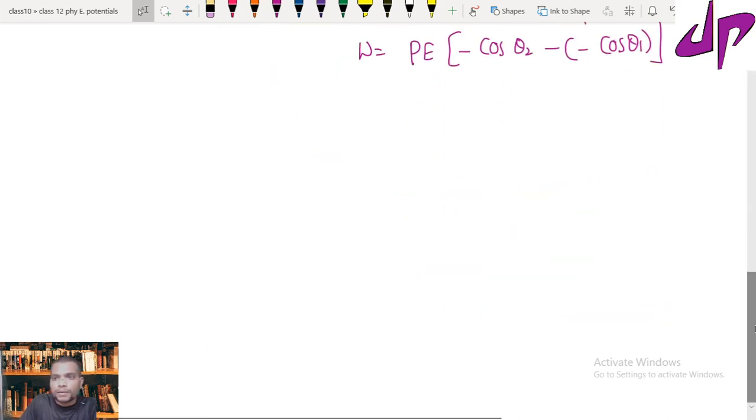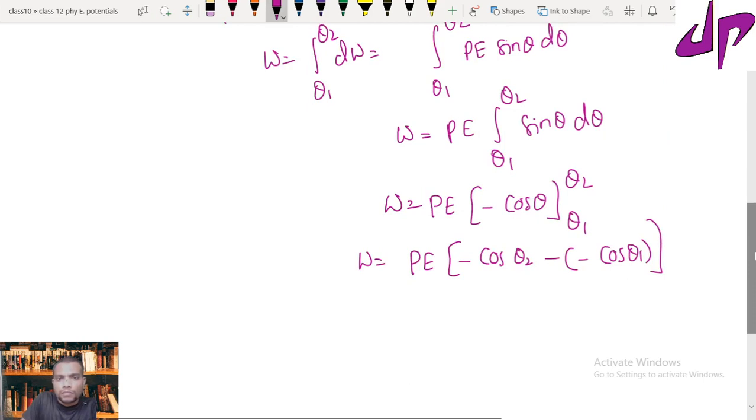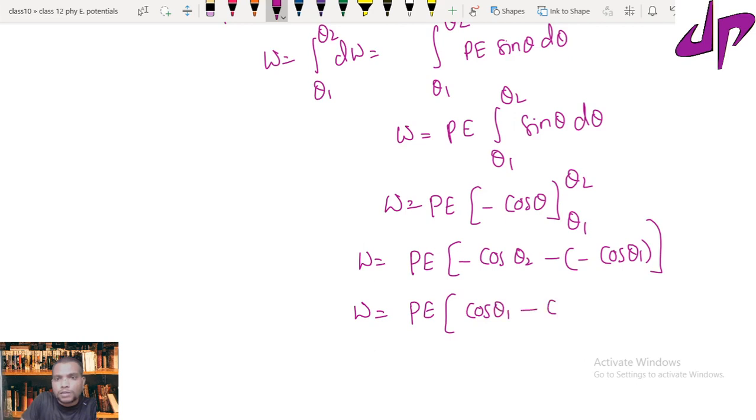If we multiply inside the minus, W equals pE (cos θ1 minus cos θ2).